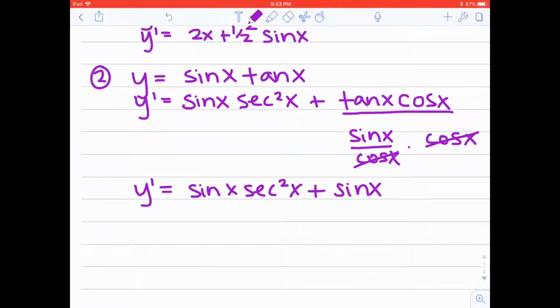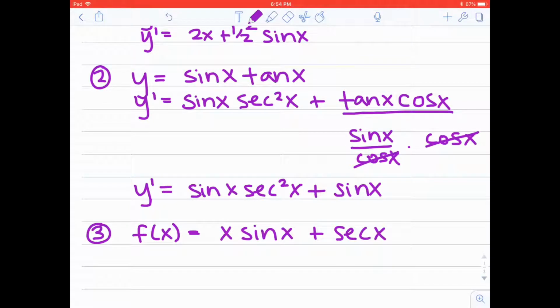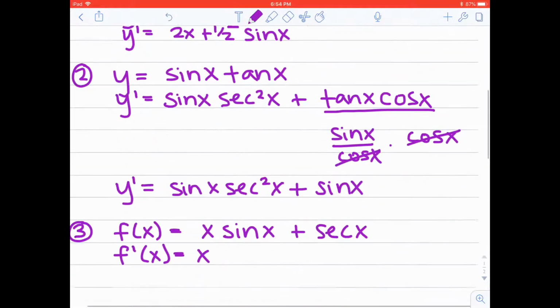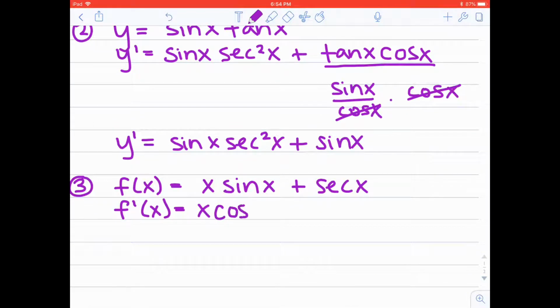Okay, let's do another one, problem 3. F of x equals x sine x plus secant x. So again, in the first part, x times sine x, we have a product rule happening there. So I have to remember the product rule, there's no way to avoid it here. So I'm going to say the first times the derivative of the second. The derivative of sine is cos, plus the second times the derivative of the first, which is just 1.